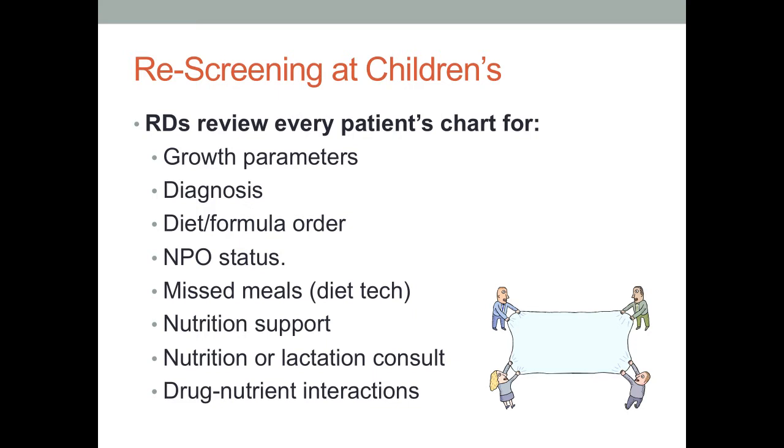And then at Children's, either the diet tech or dietitian actually goes back through and re-screens every patient's chart to make sure that nothing was overlooked in the nursing screening.